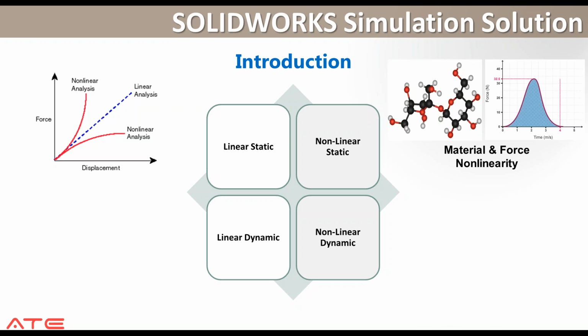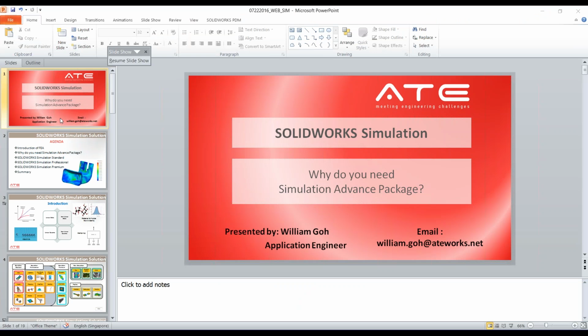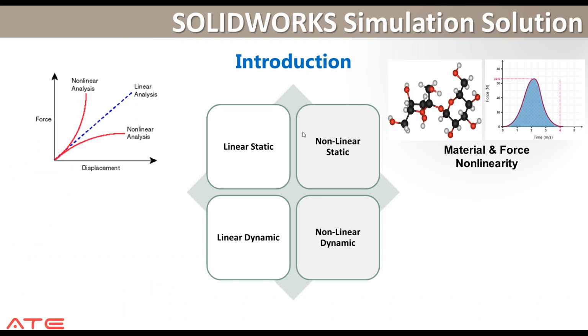Then we have material non-linearity, for components such as rubber and plastics, which have a very short range of linear characteristics. We consider that as material non-linearities.